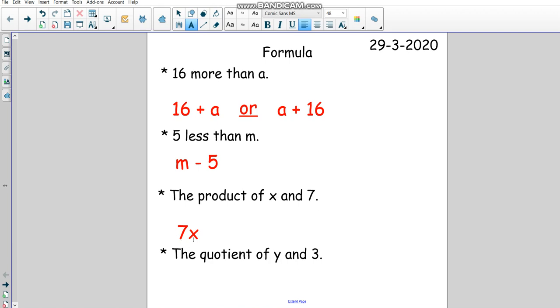Whenever I have my number stuck to my letter, you must know that you have an invisible sign between both, which is always a multiplication sign. So the product of x and 7 will always be written as 7x.